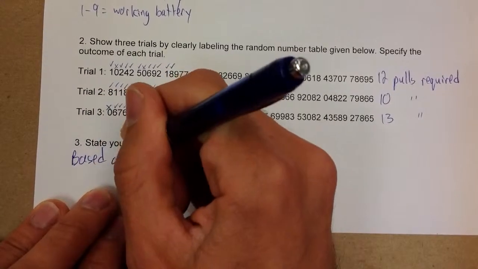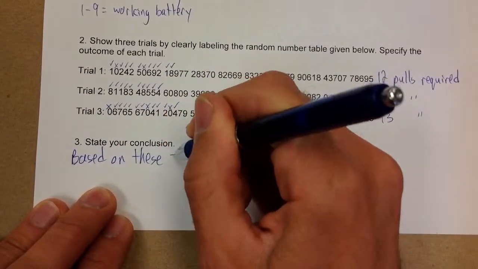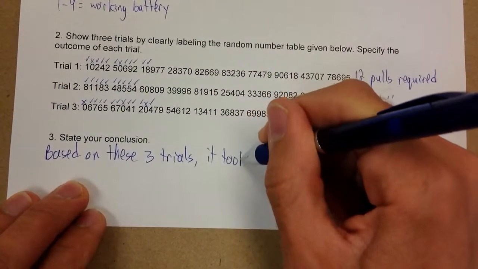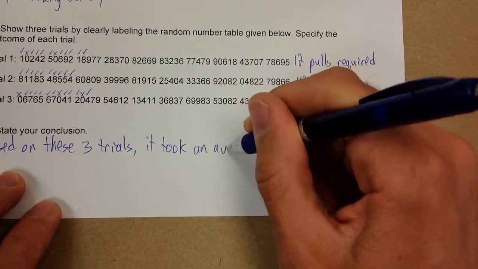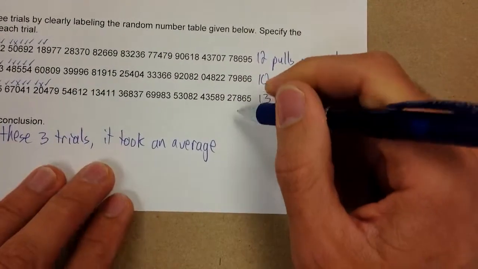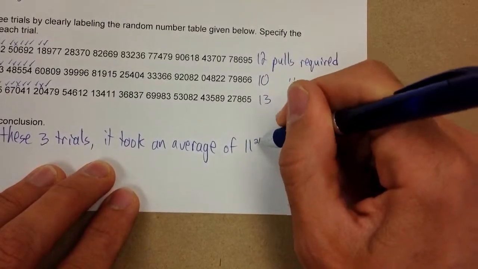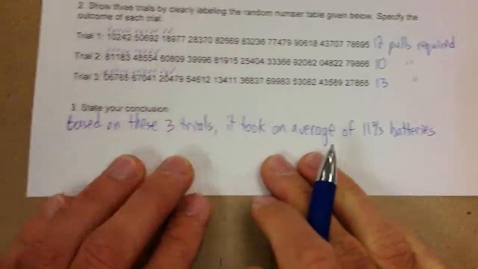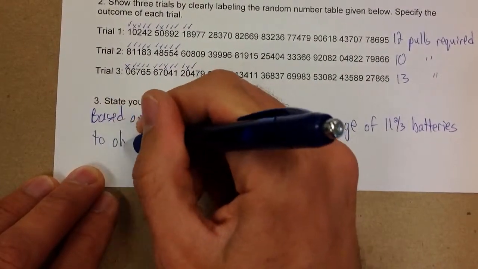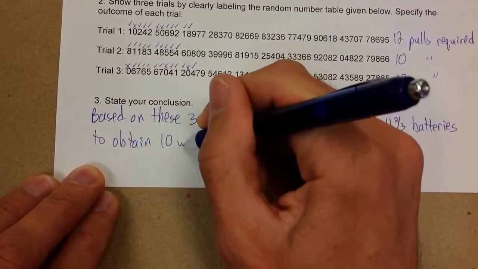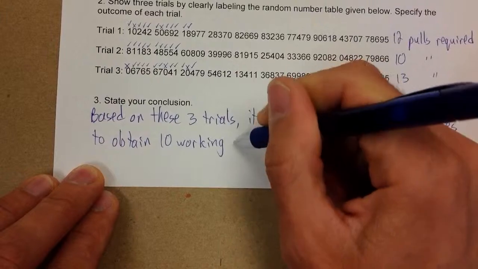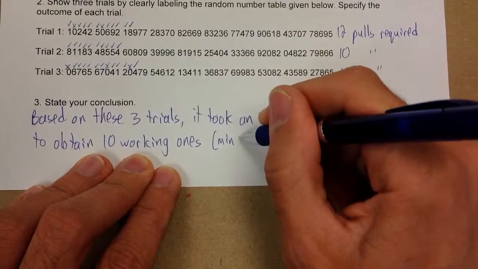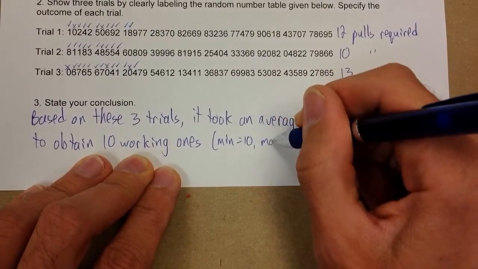So I will say, based on these 3 trials, it took an average of 11 2/3 batteries to obtain 10 working ones. And then parenthetically, I'll add that the min was 10 and the max was 13.